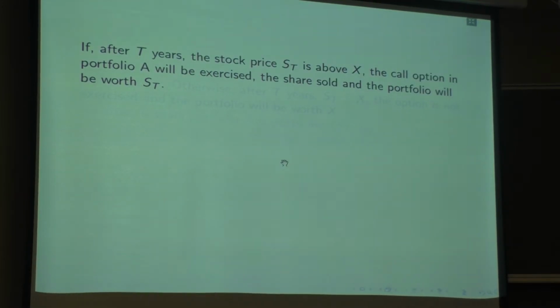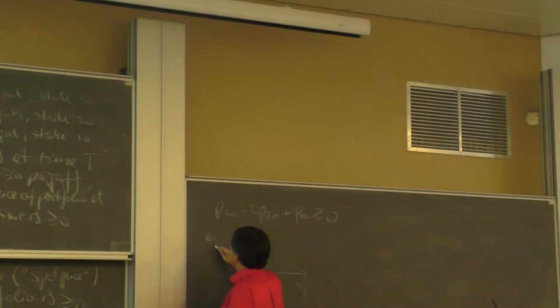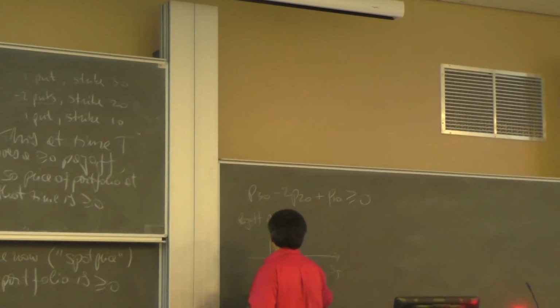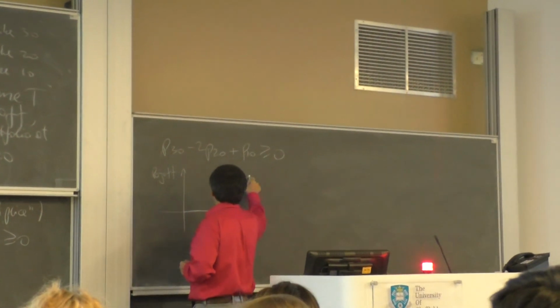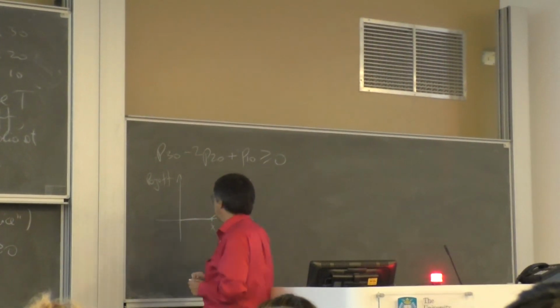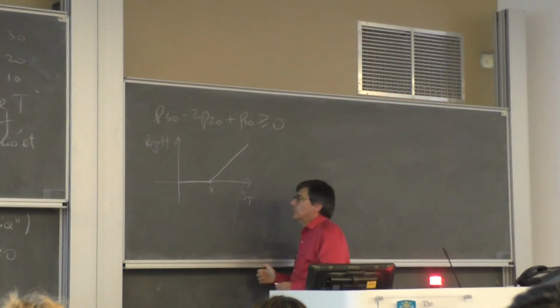And now we ask ourselves, are we going to exercise the call option in portfolio A? Remember the payoff function. We have a European call option with strike price X. And now we arrive at expiration.